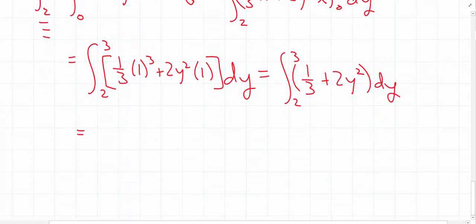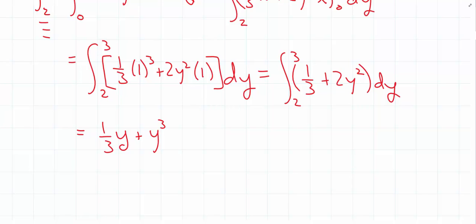This is going to be 1/3 y plus 2/3 y cubed, and we're going from 2 to 3. Any other observations or questions about that one? Now we know how to proceed from there, right? Just plug in the 3 and then minus plugging in the 2. So we won't do that.